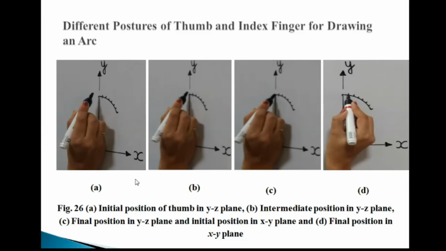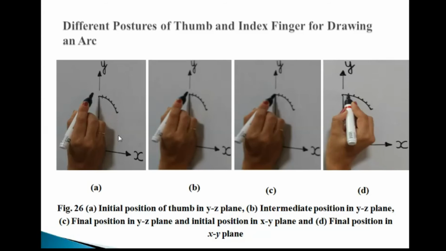Now here what I have done is the three-dimensional trajectory tracking of these joints for the thumb while drawing an arc of 60° in the XY plane on a whiteboard with the help of a marker pen. Now the Z direction is taken as perpendicular to the X and Y axes, and X and Y are shown in the figure. Now the position is taken as 10° because other movements will be repeated.